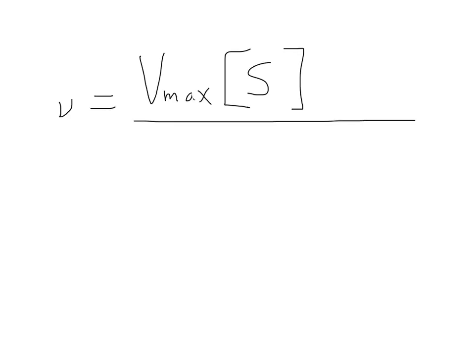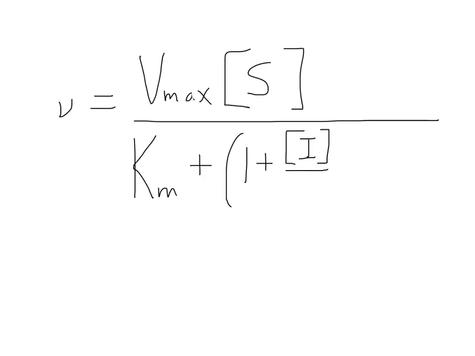Lowercase italicized v for velocity is equal to Vmax times the substrate concentration, over the Michaelis constant K subscript M, plus, parenthesis, 1 plus the inhibitor concentration over Ki prime, close parenthesis, times S. So there it is.